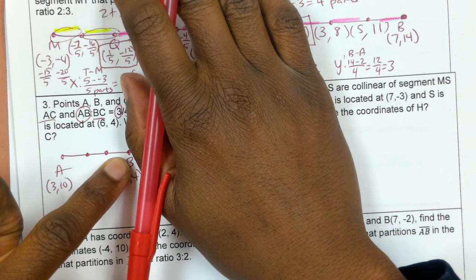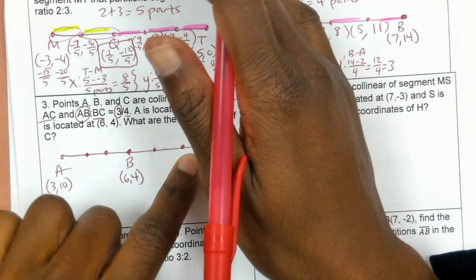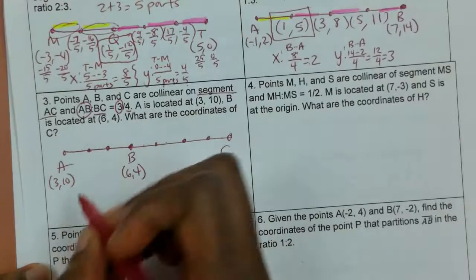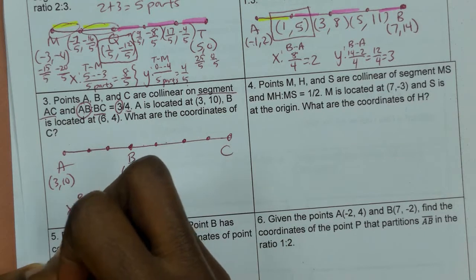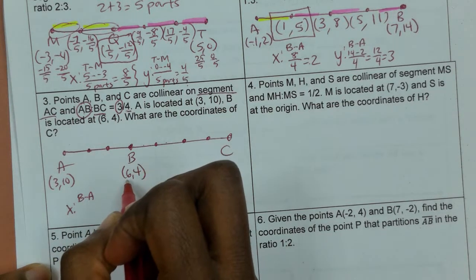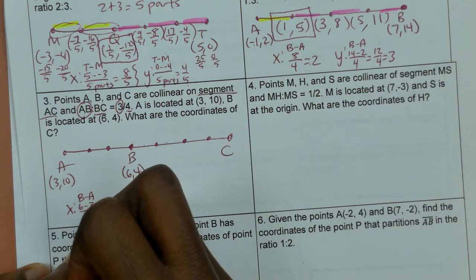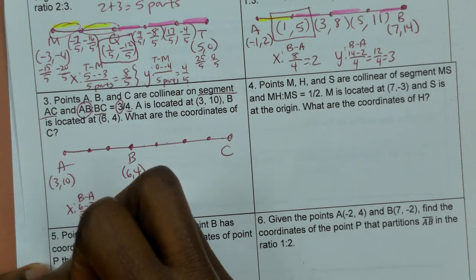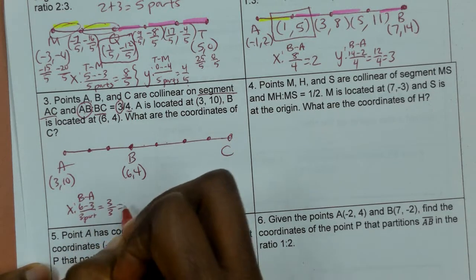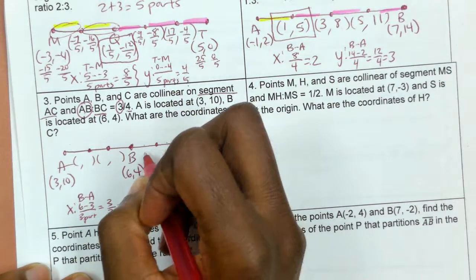So we're going to treat it like it's got 3 parts, and then we just continue the shift on past B. So if we do X from A to B, we do B minus A. 6 minus 3 is going to tell us there are 3 units between those and 3 parts. So we're dividing 3 by 3, and we're going to be increasing just 1 unit every time.